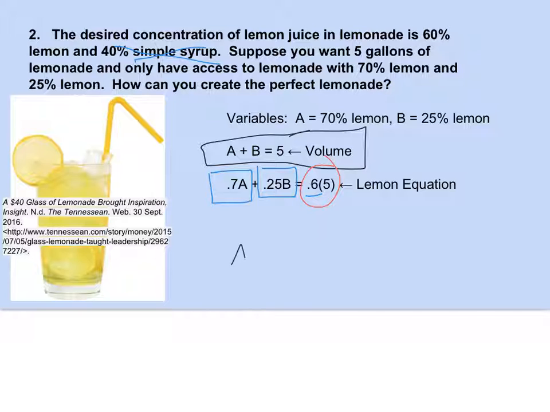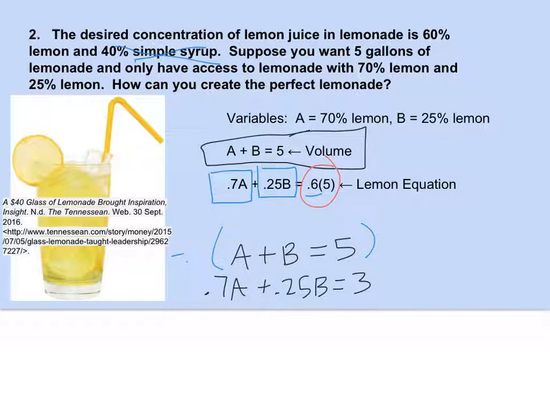So I'm going to write my equations. I have A plus B equals 5, and 0.7A plus 0.25B equals 3. You can either solve this by substitution or elimination. I'm going to eliminate, so I'm going to multiply the top by negative 0.7.